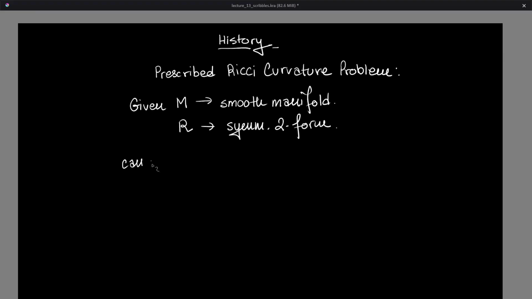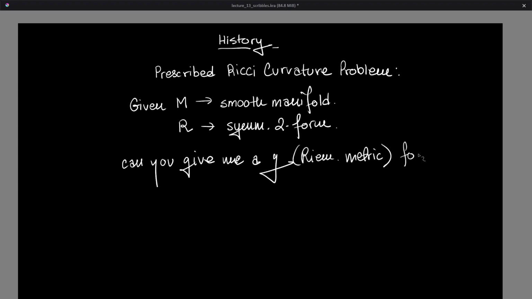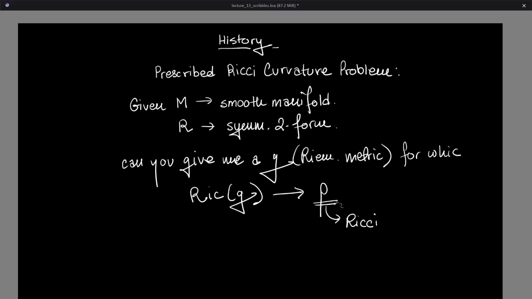Can you give me a G, a Riemannian metric, for which Ric of G will give me a rho, which would be the Ricci form, as we talked about I think in lecture 11. So this is the Ricci form that is equal to R, right? This is the prescribed Ricci curvature problem. In general, as far as I am aware, it is unsolved.